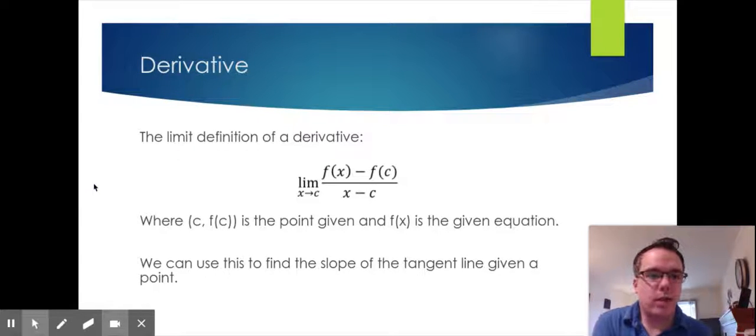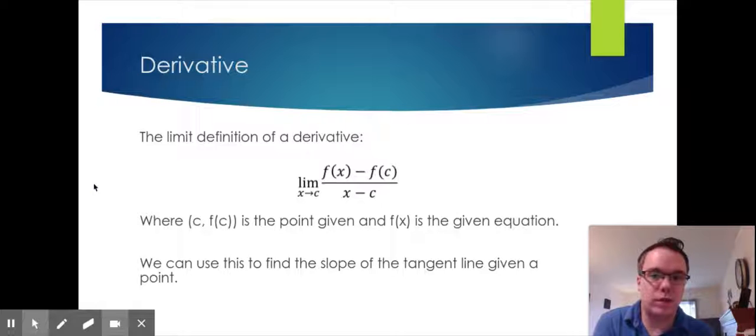So to find the slope of a tangent line, we are going to use this limit formula. When you look at other videos or other websites, they might give you a limit as h goes to 0, and instead of a c, they might have an x plus h. It's the same thing. You're just given different pieces of information.